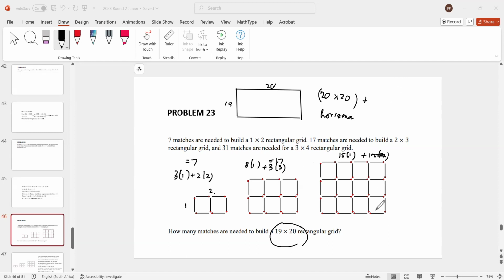So you're going to get 21. You've got 20 of these horizontal here, the squares, but there will be 21 verticals, and then you have to multiply that by, actually, it's 20 times 19. There are 19 squares. And here you've got 21.